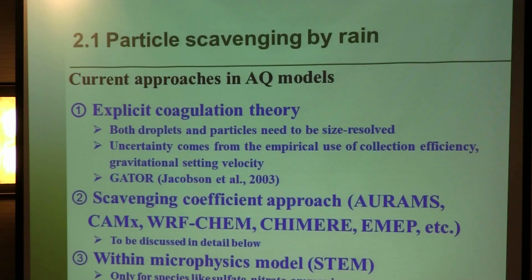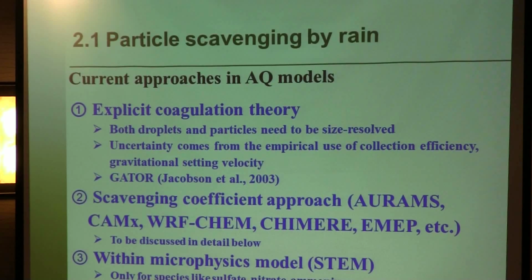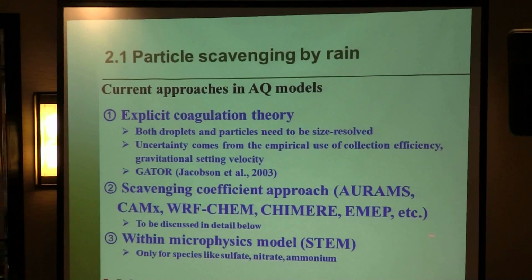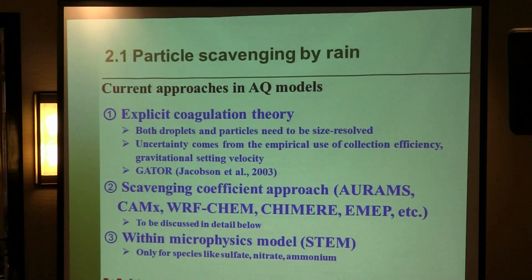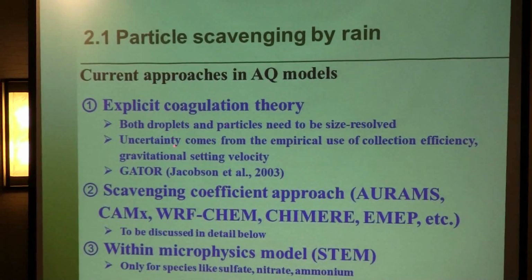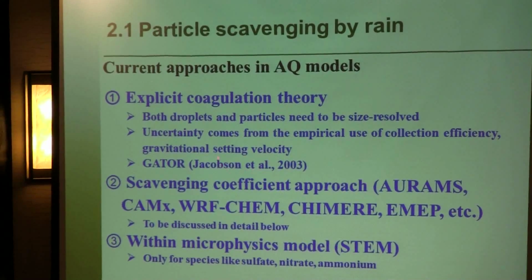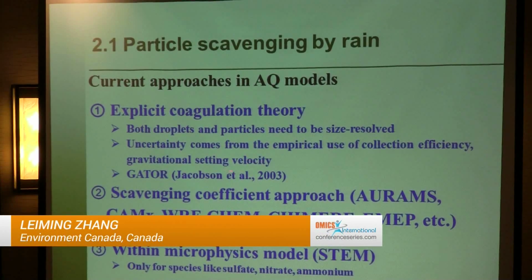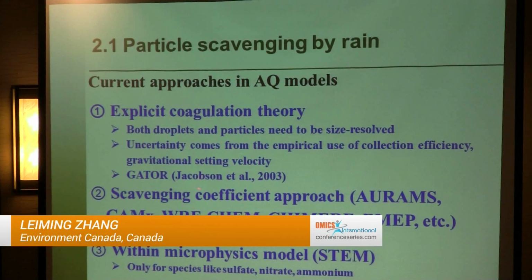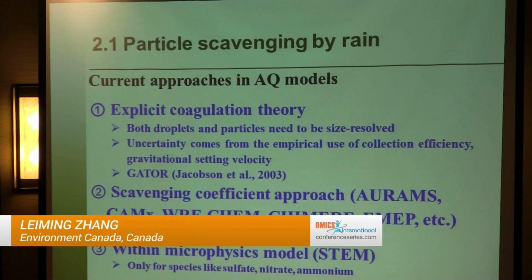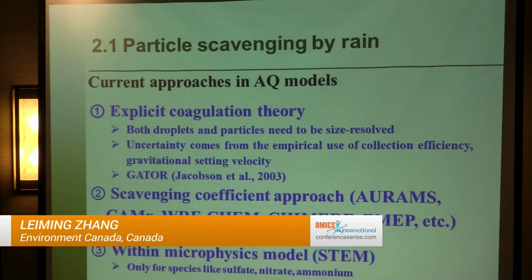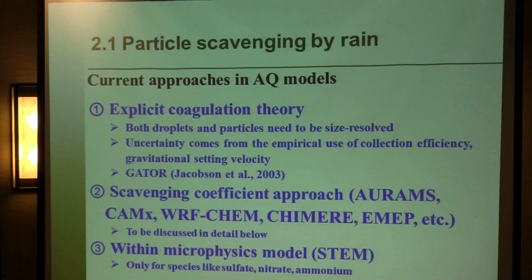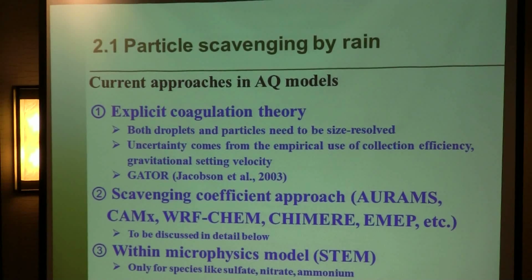That's for dry deposition. For wet deposition, for particle scavenging by rain, if you want a very detailed description, you have to know the size distribution of the raindrops and the particle size distribution. That's very time consuming. That's called the explicit coagulation theory. Only one model currently uses that approach. Most models use the scavenging coefficient approach. The scavenging coefficient is defined as the first order change of the concentration with time.